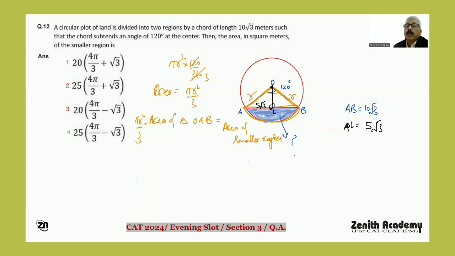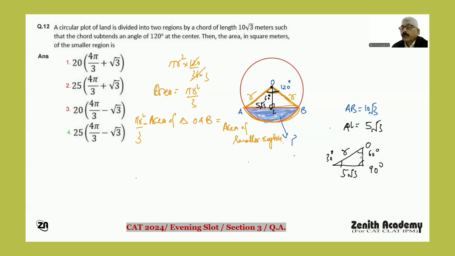And now in triangle OAB, this is R, this is 5 root 3, and this is 90. This angle is 120, and this perpendicular works as an angle bisector of this angle, so it is 60 degrees. This is 90 degrees, and this is 30 degrees.